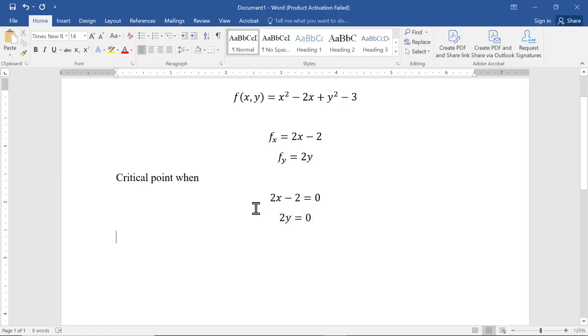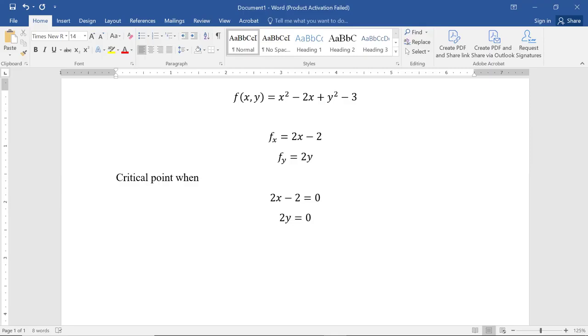So we can solve this system of equations for x and y. And it's fairly easy to do because our first equation only involves x, and our second equation only involves y. So this system of linear equations is pretty easy to solve. It's not always going to be linear equations, but in this case it is.